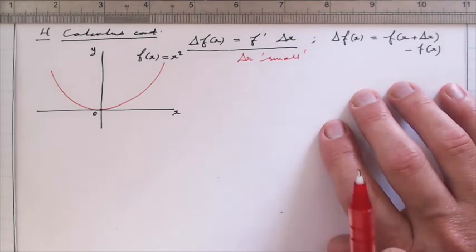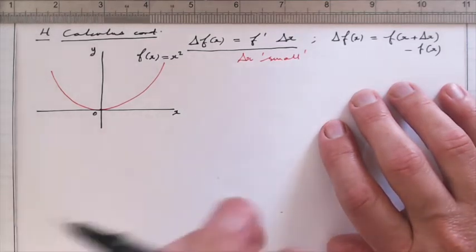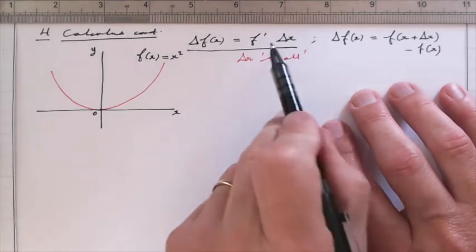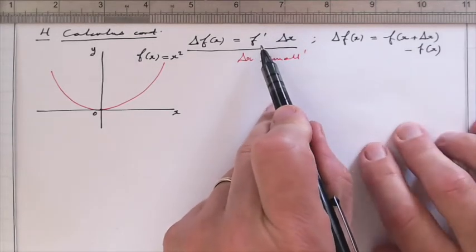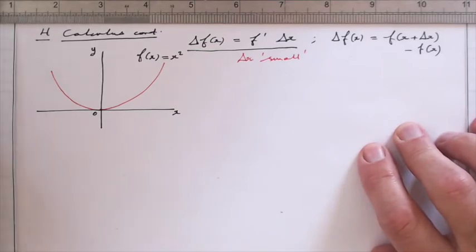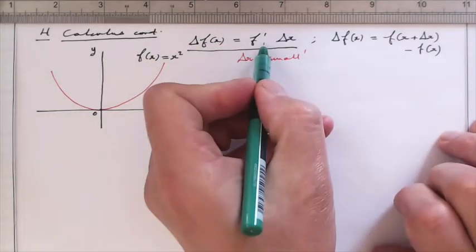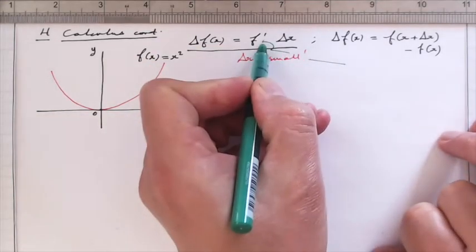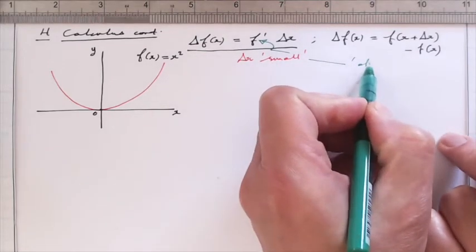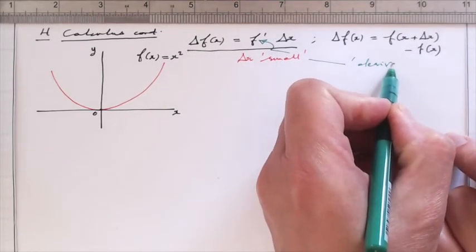Now, you'll remember two things that I really stressed in the previous tutorial about this f prime, which we call the derivative. Just to remind you of this terminology. The derivative.